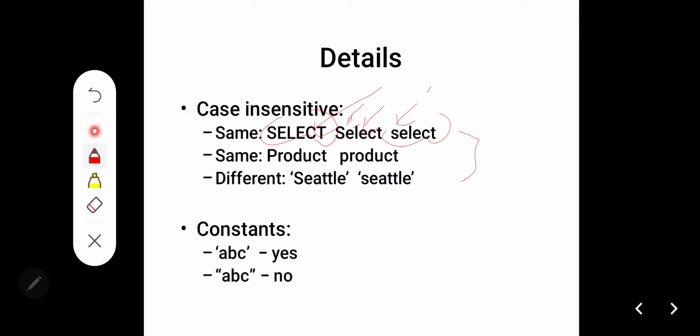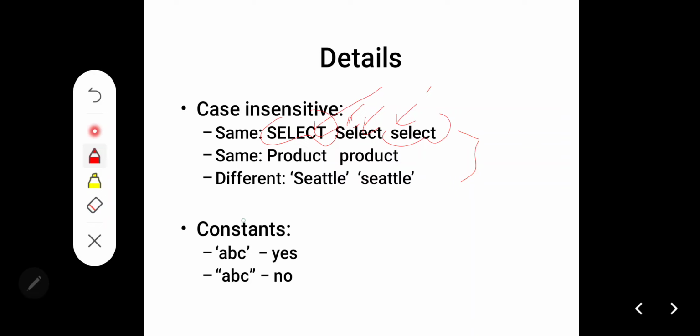For constants in SQL, a constant refers to a fixed value that does not change during the execution of a query or operation. Constants can be used directly in SQL queries to represent a specific unchanging value. These values can be of various data types, such as number, string, dates, or Boolean value.